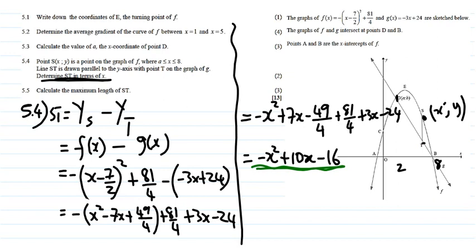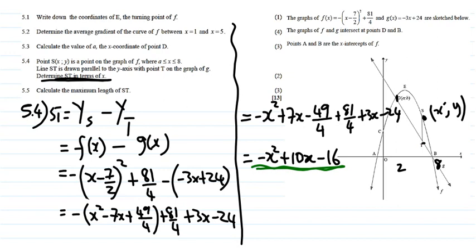We can either find the turning point of this parabola, and the y-coordinate of that turning point will be your maximum value. That's one. Two, you can use calculus and find the derivative: the first derivative equated to 0, solve for x, then substitute in. It's up to you.